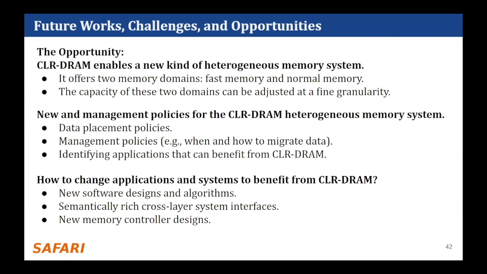One is a fast memory domain, and another is a normal memory domain. And unlike conventional heterogeneous memory systems like the HBM on Intel Knights Landing architectures introduced in previous lectures, the capacity of these two domains can be dynamically adjusted at a fine granularity.